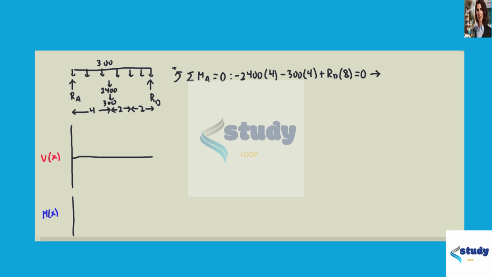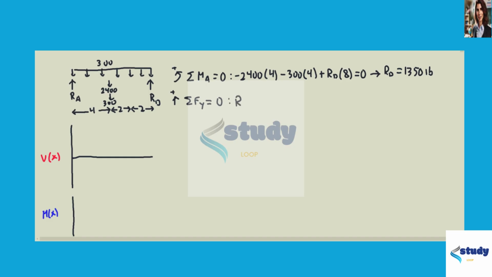Right, and if we solve that for reaction at D, we get that equal to 1,350 pounds. Now we will sum our forces in the vertical direction and set them to 0.